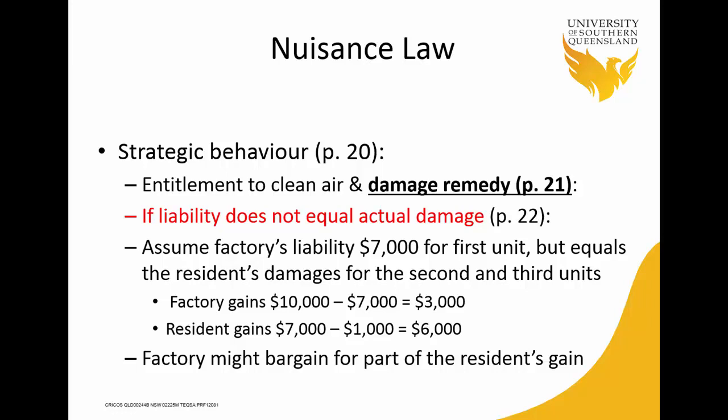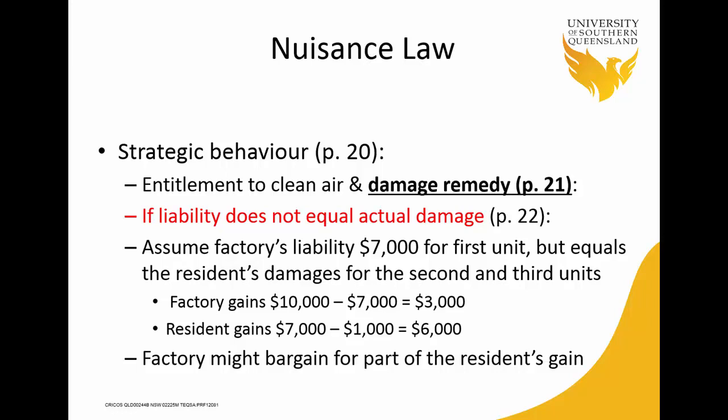The resident, however, is going to have a gain of $6,000 because their actual damages is only 1, but the court is going to give them 7,000. So they have a profit of 6,000. So what does that do? The factory now might bargain for a part of this 6,000.